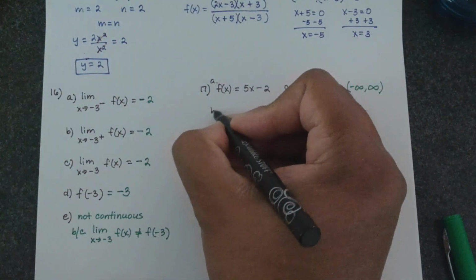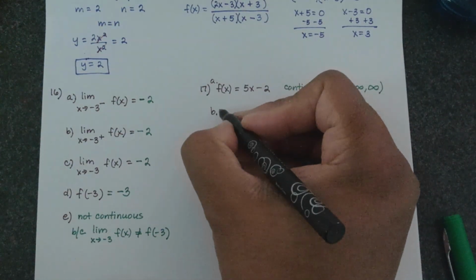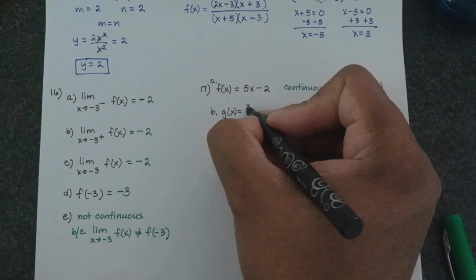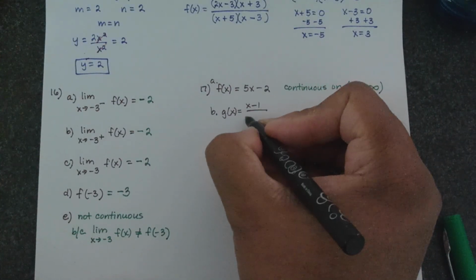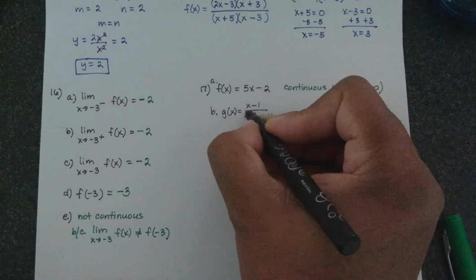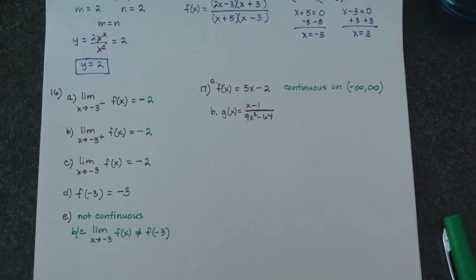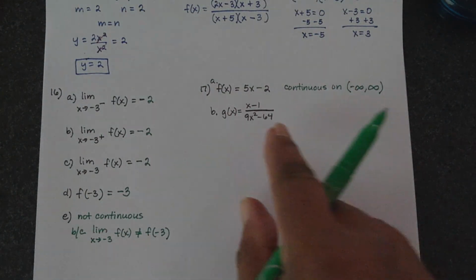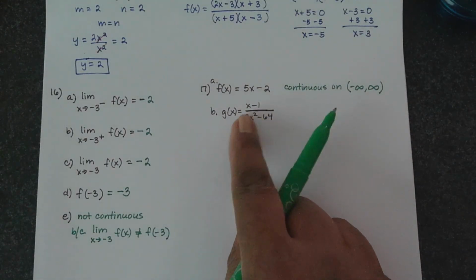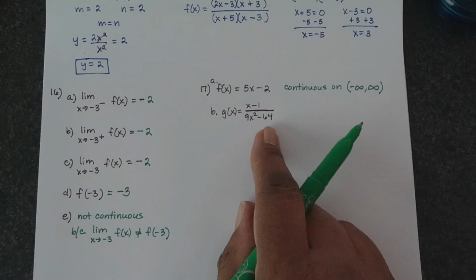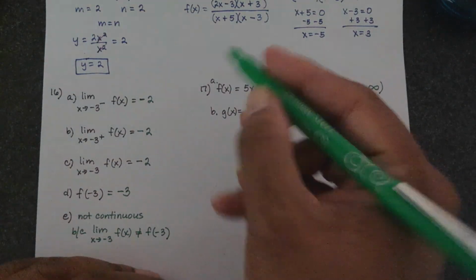Okay. Part B, here we got a rational function g of x is equal to x minus 1 divided by 9x squared minus 64. Well, we do have a problem here because somewhere in this denominator, we're going to get a 0. So we need to find out what values of x will give us a 0 in this denominator.